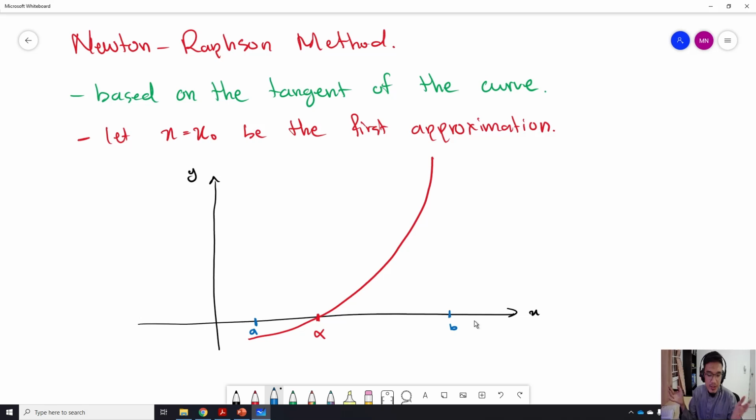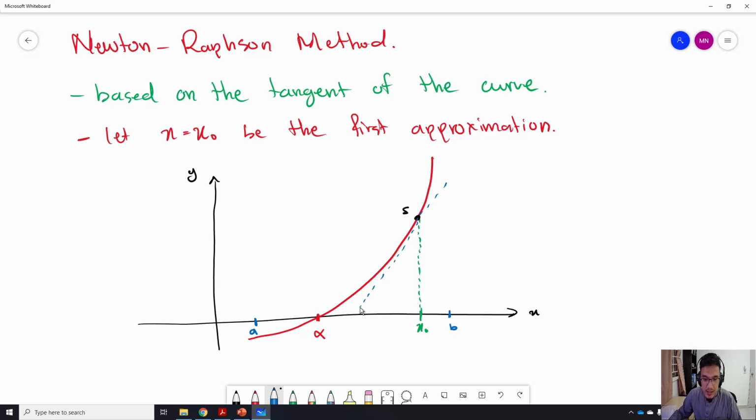Now the Newton-Raphson method wants us to narrow down our interval to find the almost exact value of the root. What we want to do is assign x naught, which will also be in between the interval of a and b. x naught will have a point on the graph that is labeled as S. From the point S, we draw a tangent to this line.